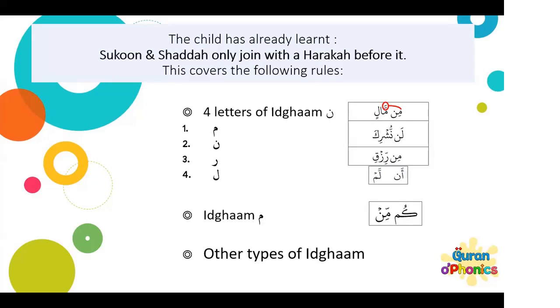Now, if you don't know what I'm talking about, don't worry, but there's this idgham mutamasilain, mutajanisain, mutaqaribain. All of those you just ignore. You don't need to teach them separately. Just remember, whenever there's a letter with shadda, it can only join with a letter before it that has a haraka. So this would be nakhlukum, and the qaf in between is ignored because it has nothing.